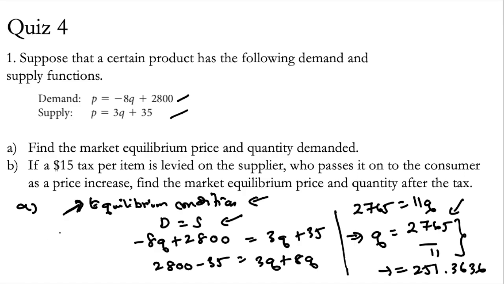Now, question A is not finished yet, and we need to find equilibrium price as well. So how to find equilibrium price? Once you've found equilibrium quantity, which is this, but this one is not the final answer, this is the final answer. What you can do is insert the equilibrium quantity that you have found into either this or this.